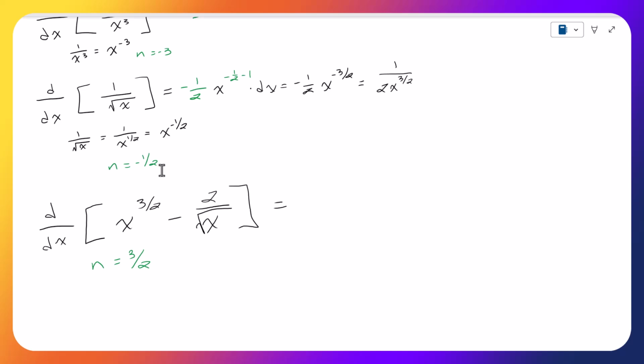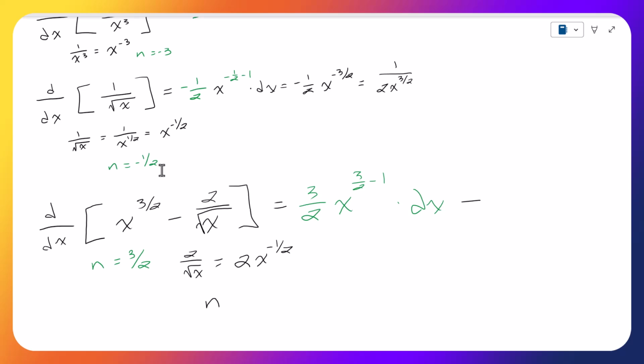And we can start doing it. So I'm going to get 3 over 2 x to the 3 over 2 minus 1 times dx, minus, and now we'll look at our other piece. This is 2 over the square root of x, which if we go through the steps of making that look nicer, we get 2x to the -1/2.